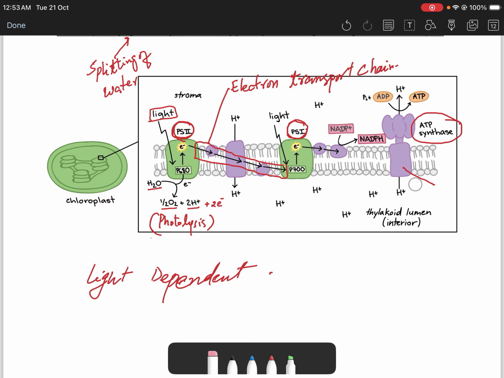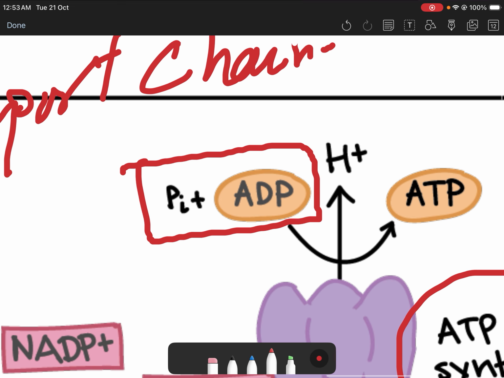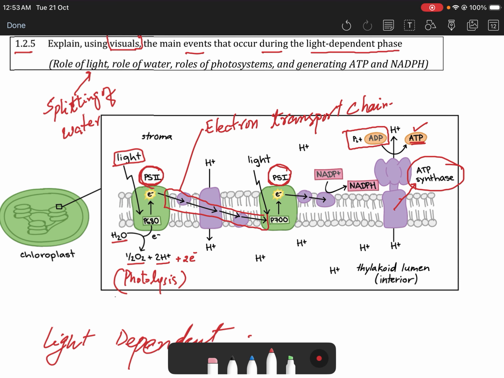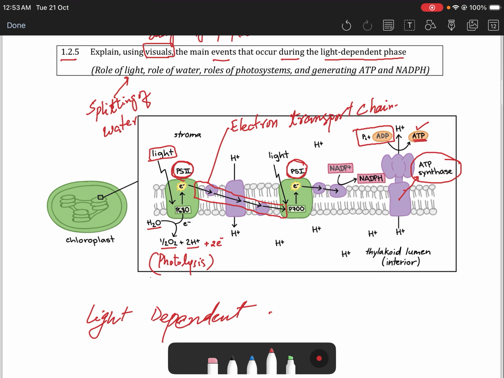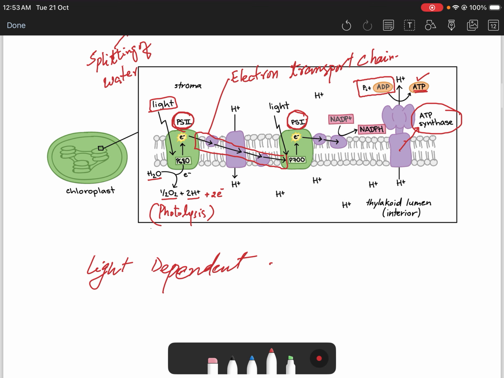When we talk about ATP synthase, you should know what it does. It helps to join the ADP, you can see here, with Pi to give you the final product, that is ATP. So there are major things you need to know here. Five actually, six actually.